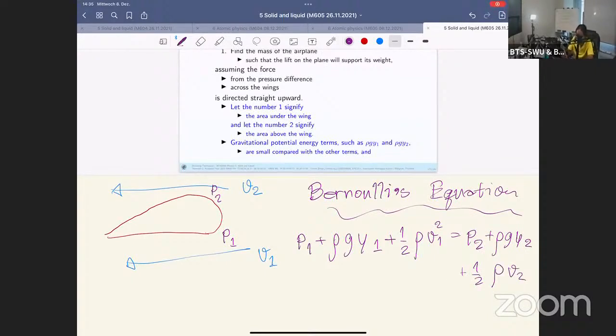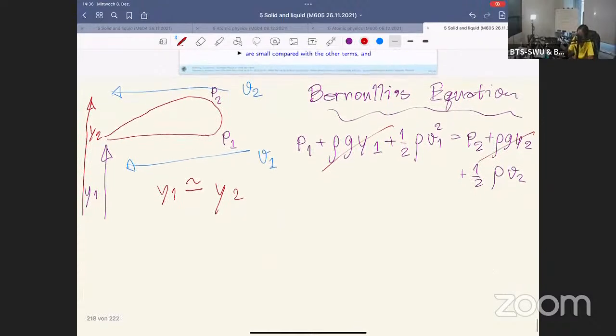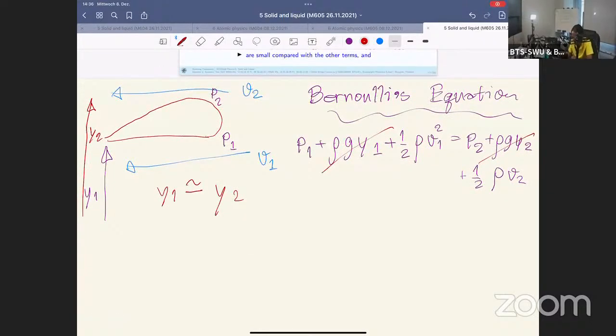We assume that the height y1 and the height y2 are nearly the same, y1 is approximately y2. So these terms could be cancelled to each other, and we have only two terms, right?